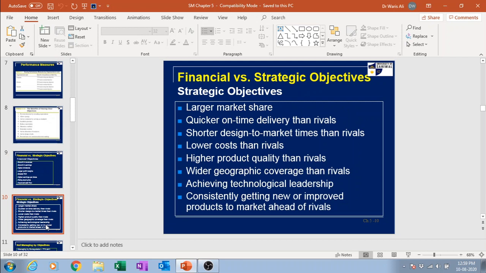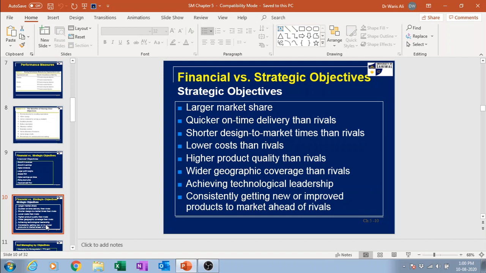Sometimes we set up our objectives in a strategic way. We call it strategic objectives. For example, you say that we want to increase market share by 5%. We want our market share to be greater than our counterparts. We want to improve our on-time delivery and bring improvement in delivery services.